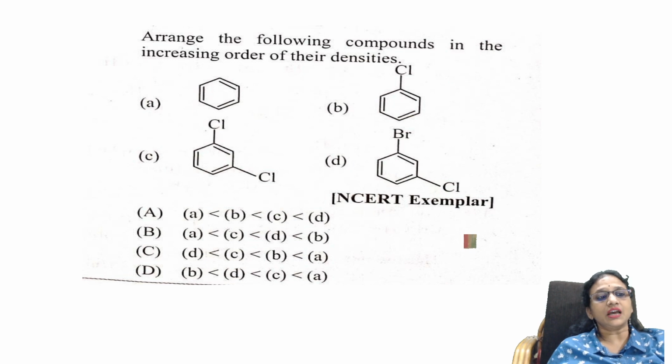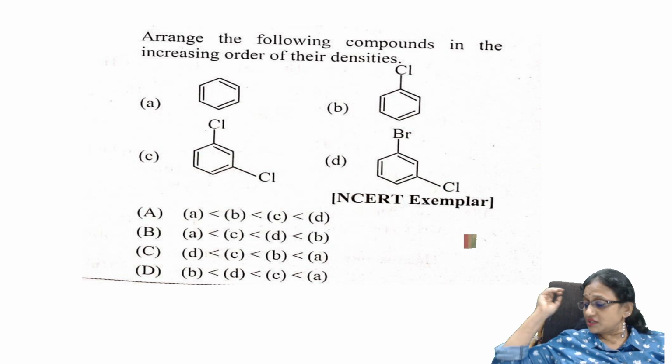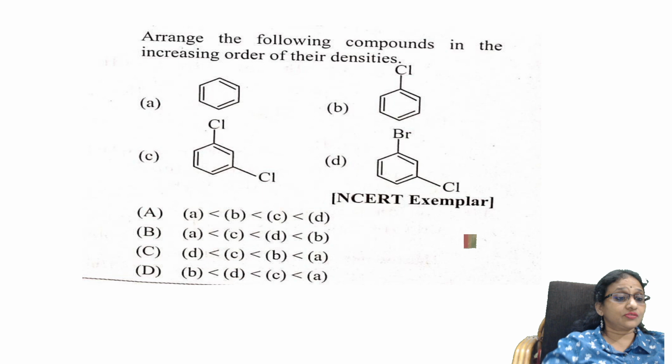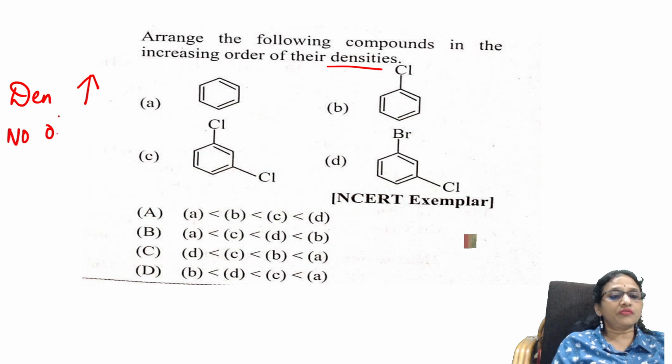Next question. Arrange the following compounds in the increasing order of their densities. So, whenever a density question is given to you, remember students, density increases as the number of carbon atoms increases and as the number of X atoms increases.